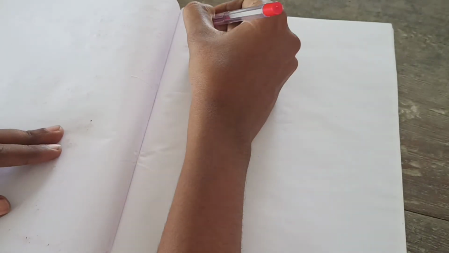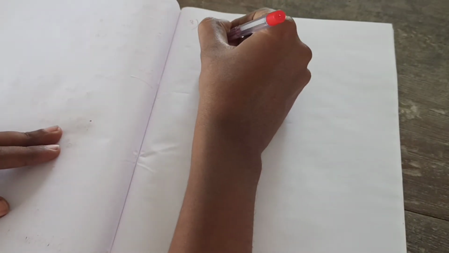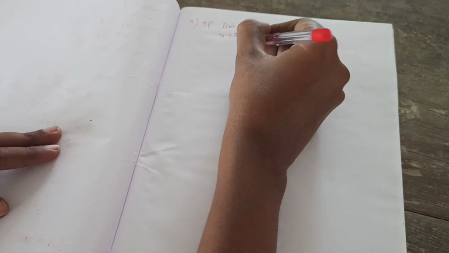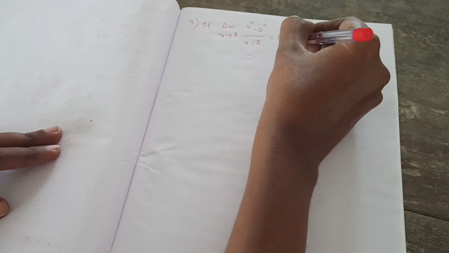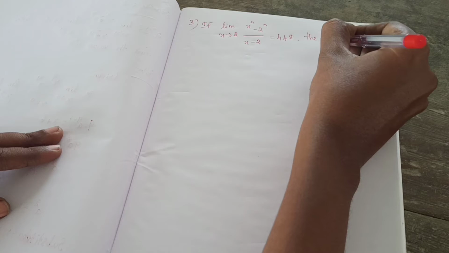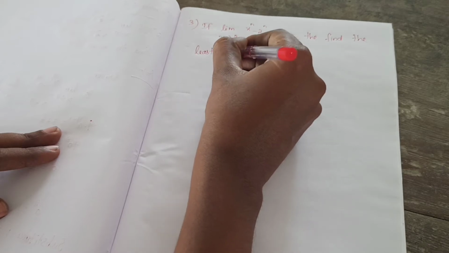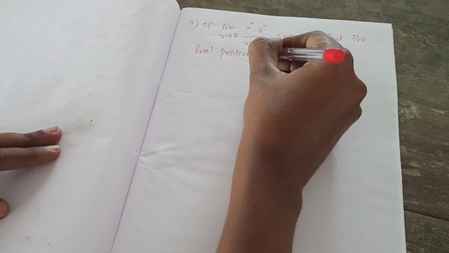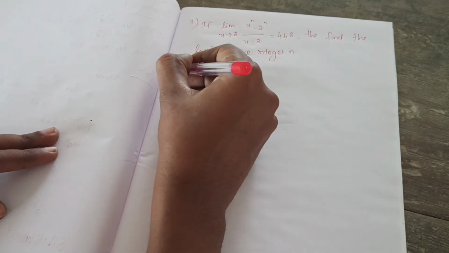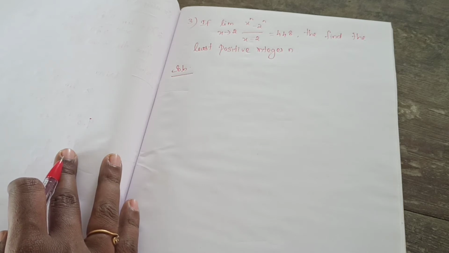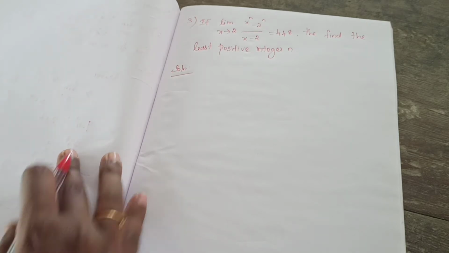If limit x tends to 2, x power n minus 2 power n divided by x minus 2 is equal to 448, then find the least positive integer n.